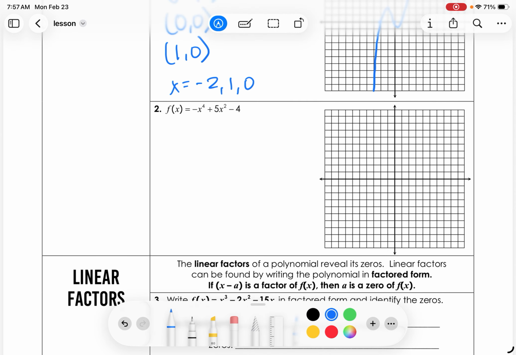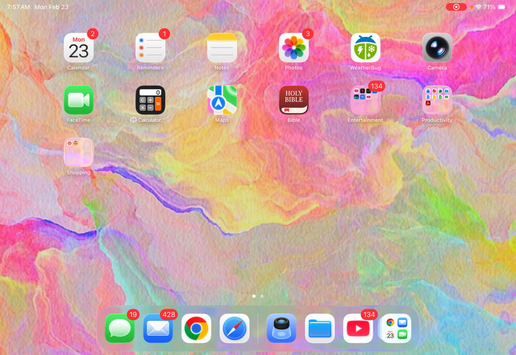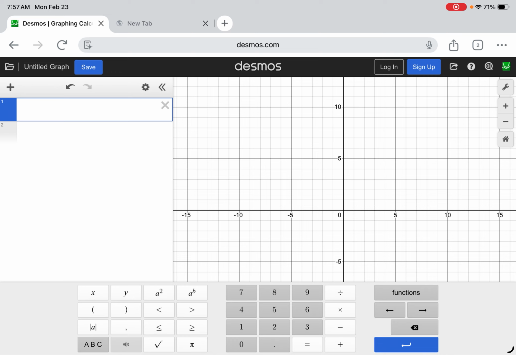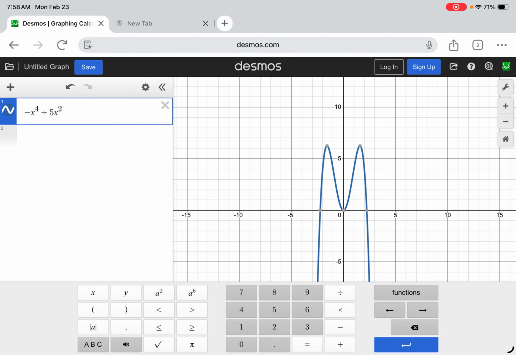So we can go ahead and try that second one. Put that in your Desmos. So we have -x to the fourth. Plus 5x squared. Minus 4.